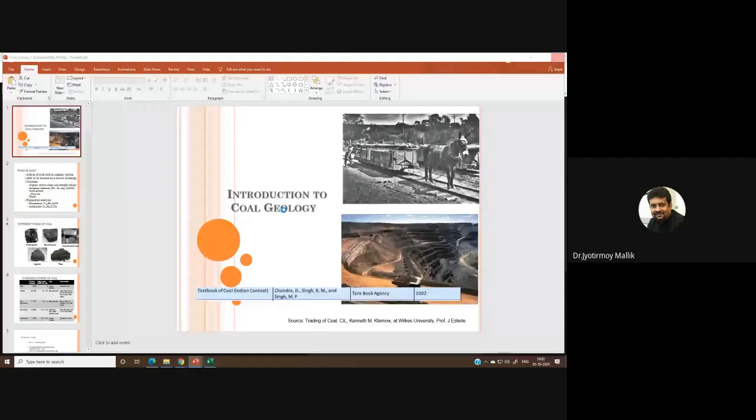As I was saying, we are going to start with coal geology today, and we are going to discuss some of the introductory aspects of coal geology. Just a moment, let it fire up. Presentation in the presentation mode, and then I'll begin.